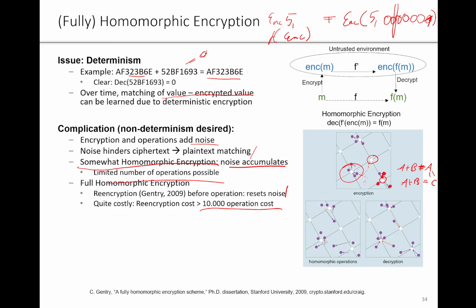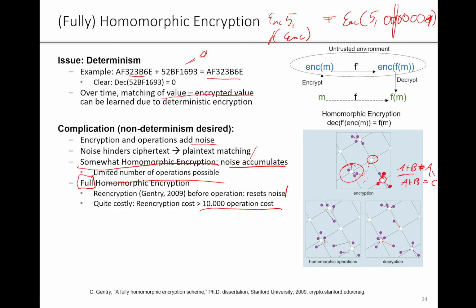You exchange the keys, you have a new keying scheme. There's no noise anymore, but the results look different. But you had to add, let's say, 10,000 operations in addition for your A plus B. And this is the full homomorphic encryption, because now this is not limited in the operations anymore.